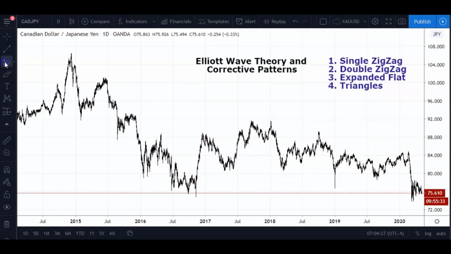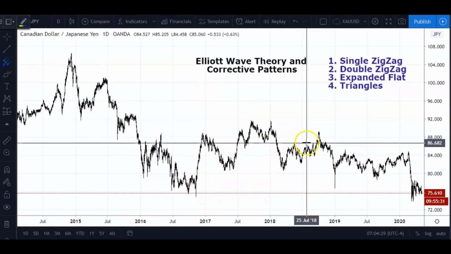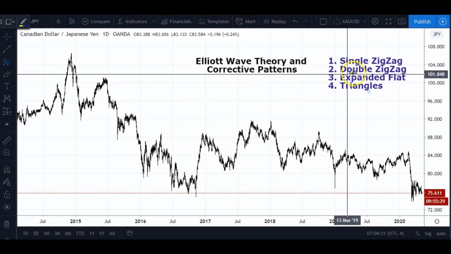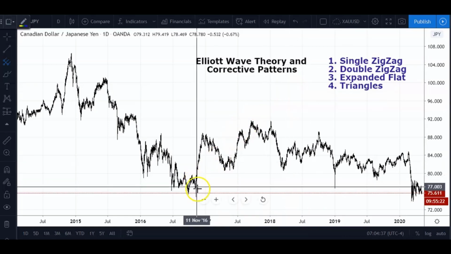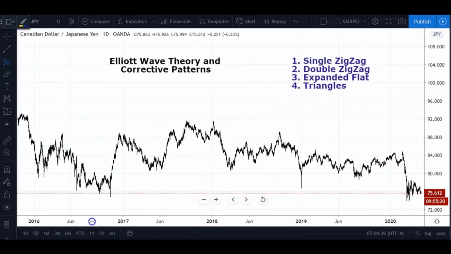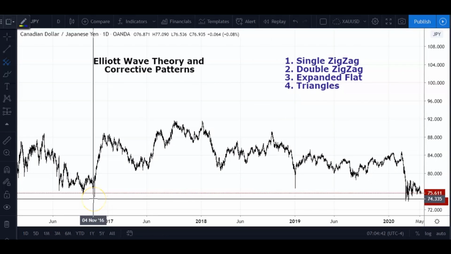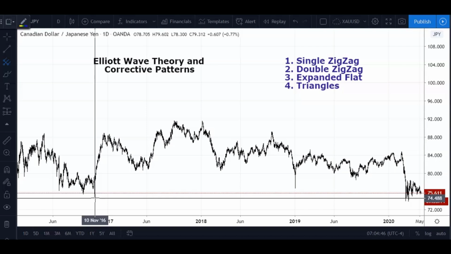And then you can continue doing this all over the show. You'll have a lot of single zigzags popping up. Like I say, it's quite a common correction to unfold. Then I just want to focus on this larger correction that we had here, which in my opinion is why Elliott wave can be so subjective in nature.